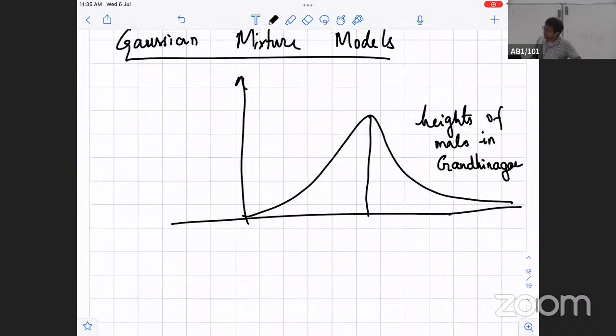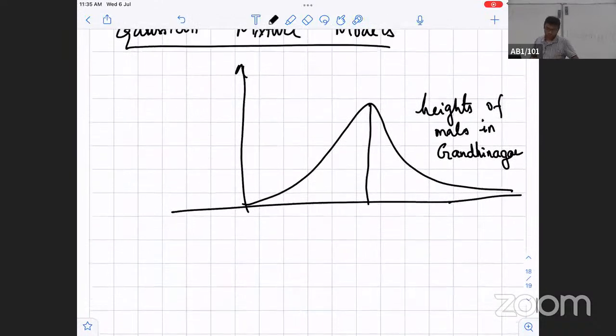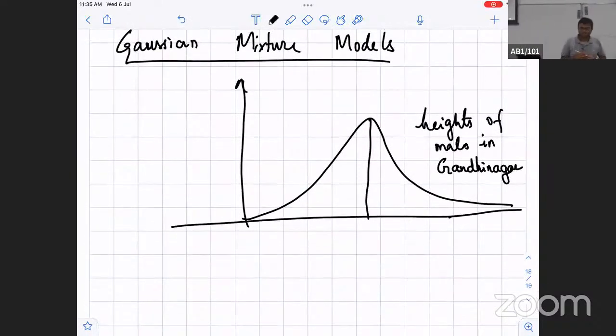Is there any follow-up? Okay. If you look at heights of all males in Gandhinagar, it seems to have a normal pattern. This is true for many things, like the lifespan of ants or rainfall in a particular area during a season. All of this seems to have this kind of Gaussian shape.